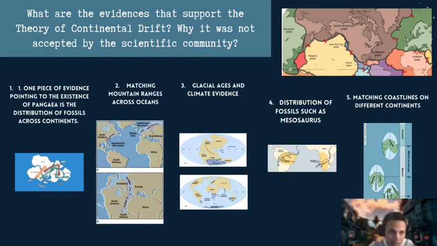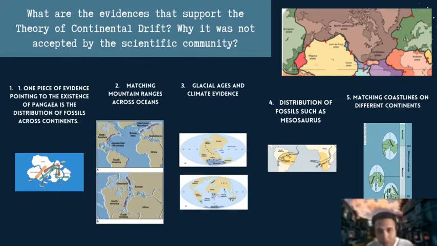Pangaea slowly divided late in the Triassic period, about 251 million to 199 million years ago. The pieces started to drift away from one another.